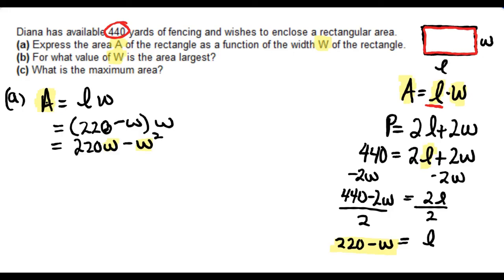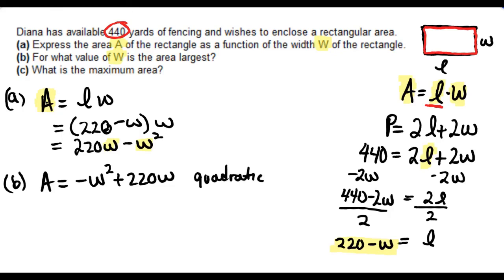So what we know about this example is that our function A equals, I'm going to rearrange it a little bit, negative w squared plus 220w is a quadratic. And the graph of a quadratic is a parabola. This particular parabola has a negative leading coefficient, so it's going to be a down-facing parabola.